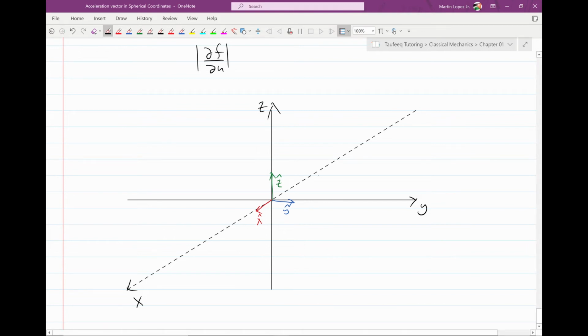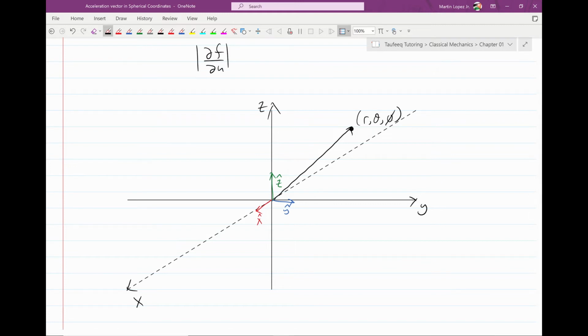And we have some point in 3D space over here, and we have a vector from the origin going to this point. Now, this point in spherical coordinates is not going to be a function of x, y, z. It's going to be a function of r, theta, and phi.